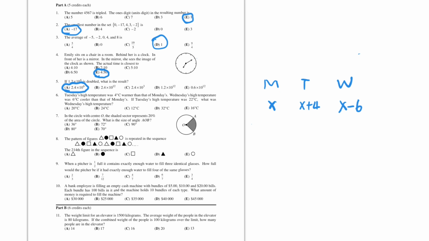Now the Tuesday's high temperature was 22. That means X plus 4 equals 22. That means X equals 18. Wednesday, 18 minus 6. That's 12. So the answer is C.